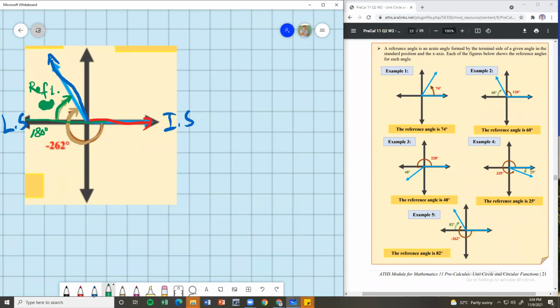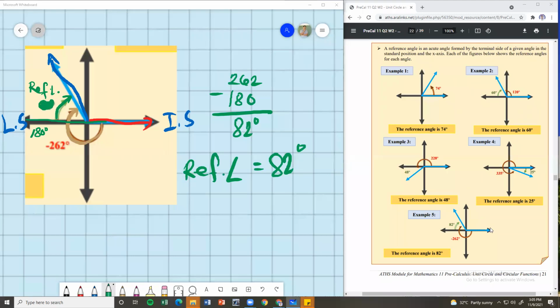Okay, very good. Disregard the sign. So therefore, that becomes 262 minus 180. You will get the excess for your reference angle. And that is 82 degrees. And that will be your reference angle. That's 82 degrees. Got it.